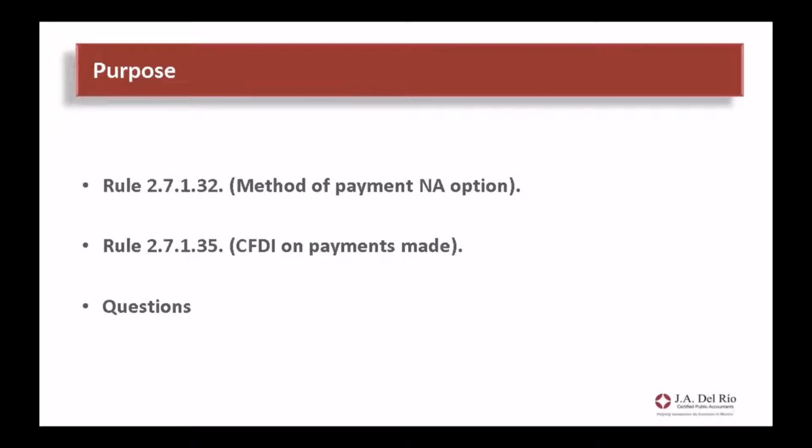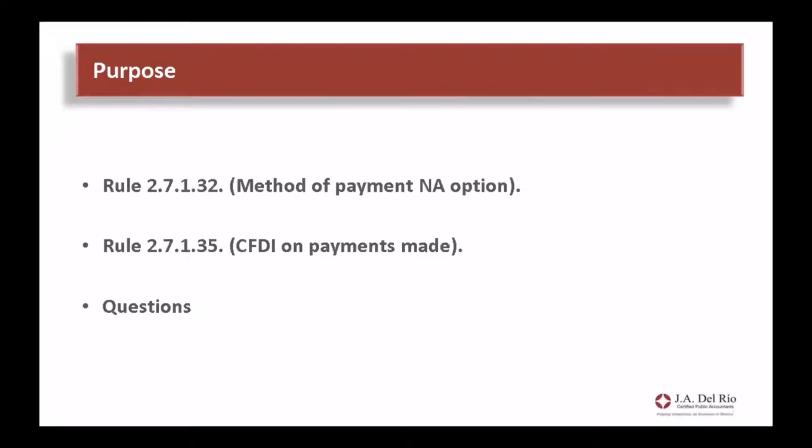One is Rule 2.7.1.32, which provides a couple of regulations in regard to the method of payment, and it also includes an option to include a description that indicates NA, which stands for non-applicable. We are going to review this rule, its entrance in force, and everything that it implies.